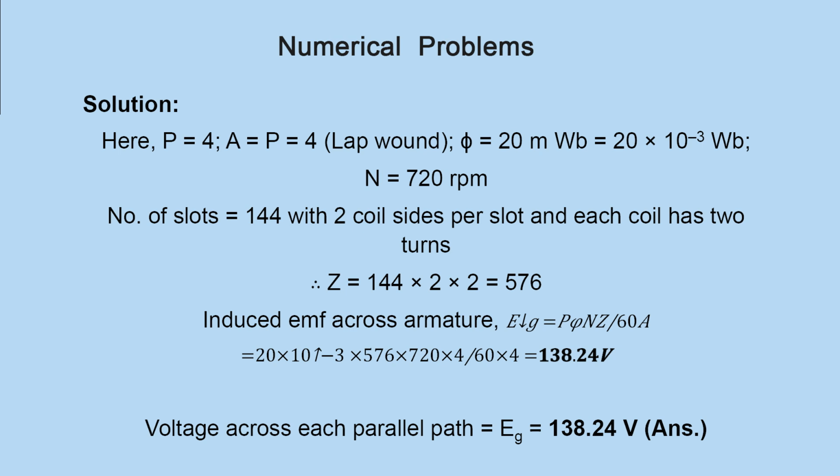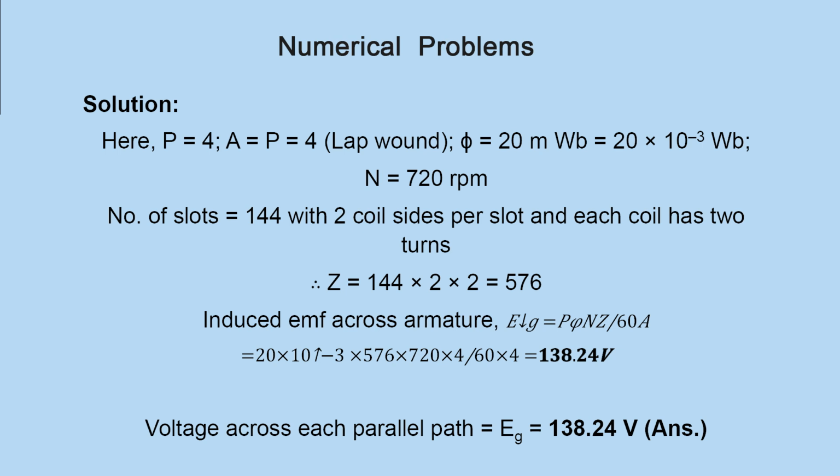So Z is equal to what? Here it is stated that there are 144 slots in the armature with 2 coil sides per slot, which means 144 into 2 into 2, so you will get Z equal to 576, the total number of conductors.